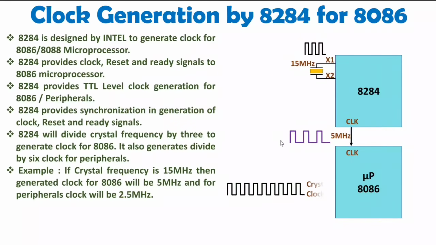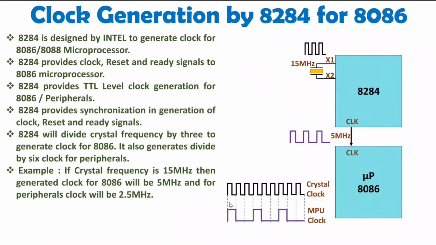If you observe the crystal clock, it has 15 megahertz of frequency, right? Now what we are doing is, for one clock we are keeping the MPU's clock at logic 1, and for the next two clocks we are keeping this clock at logic 0. So two things are happening. First, we are dividing frequency by 3, as the total time period of this clock is multiplied by 3 with respect to the crystal clock, right?